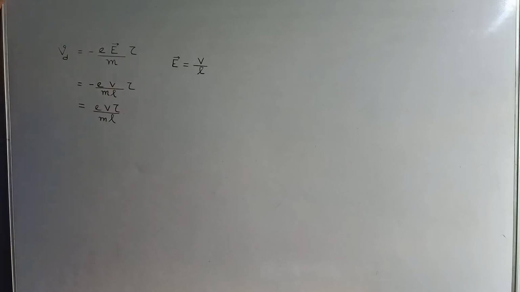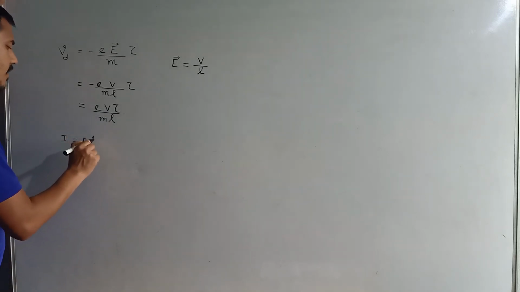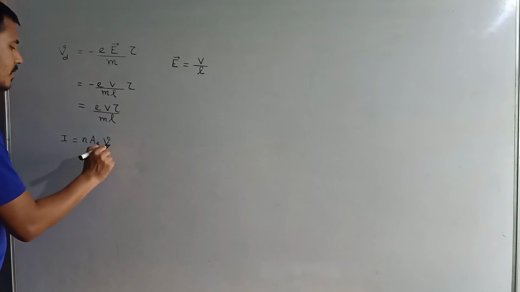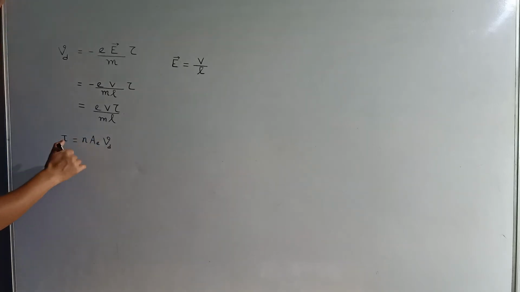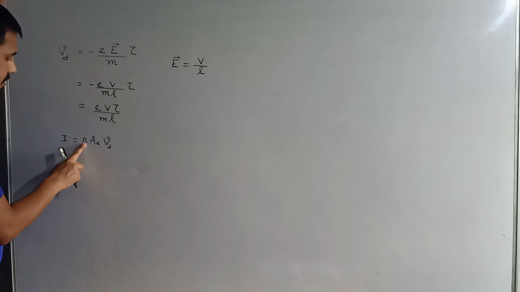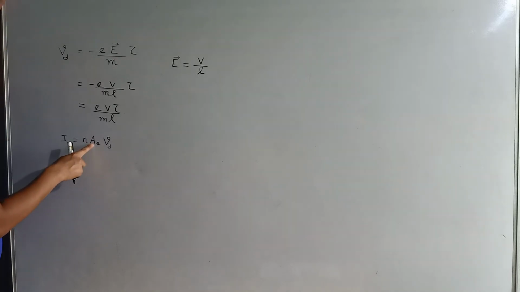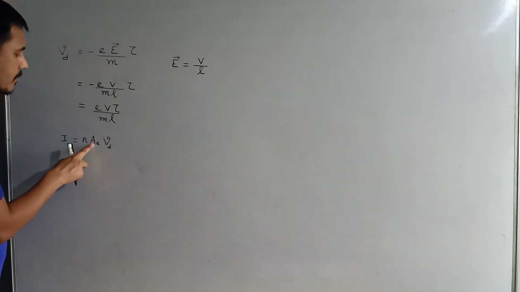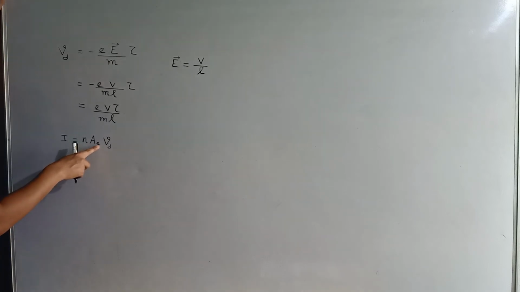Okay? Now also we have seen that the relationship between electric current and the drift velocity of electrons is given by I = nAe Vd, where n is the density of the electrons, A is the area of cross-section of the conductor, e is the charge of the electrons, and Vd is your drift velocity.